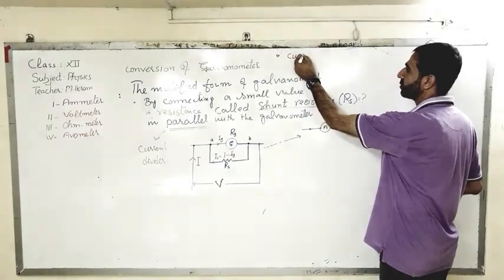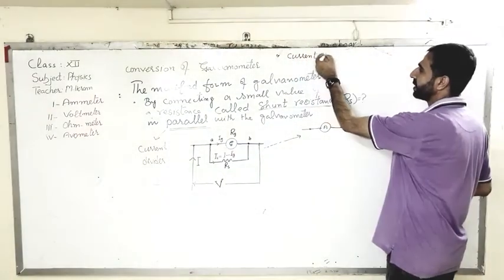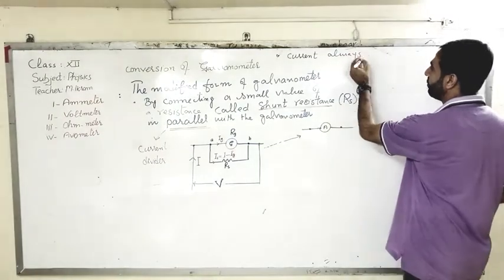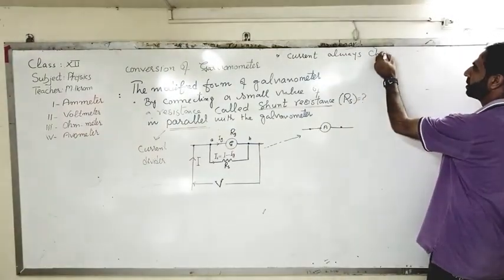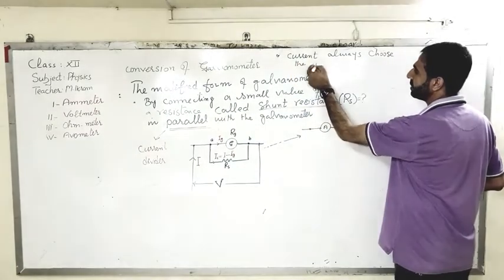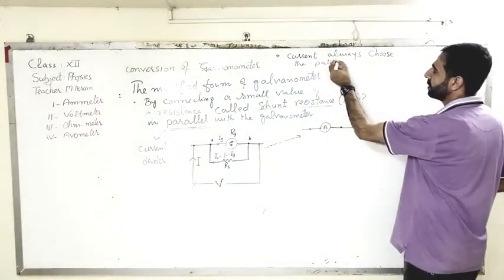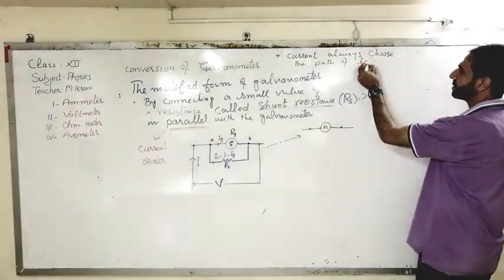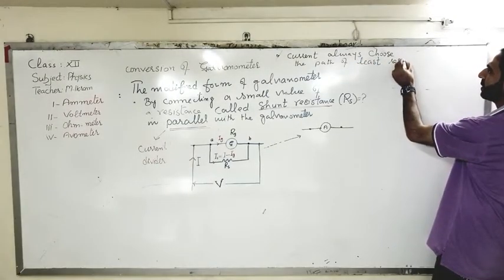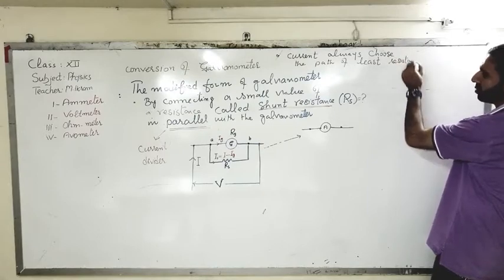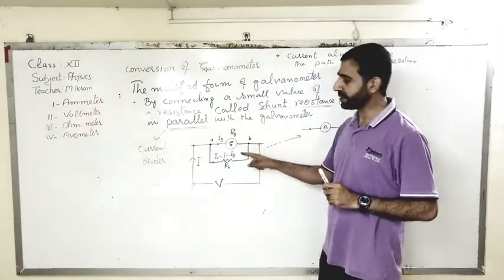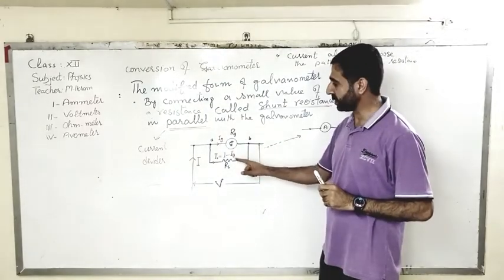As I usually told, current always chooses the path of what? The path of least resistance, right? So the resistance of the shunt must be smaller than the resistance of the galvanometer, very small.